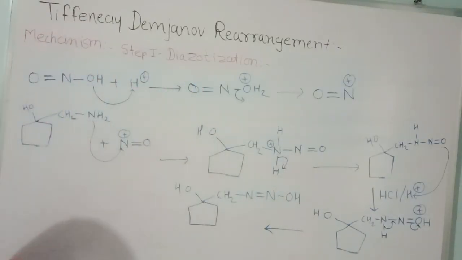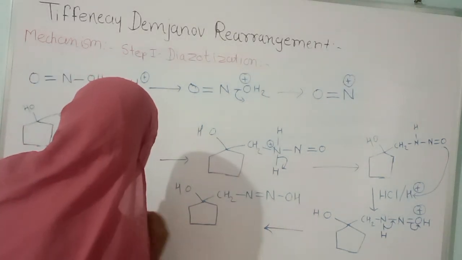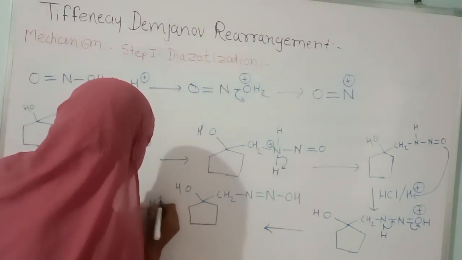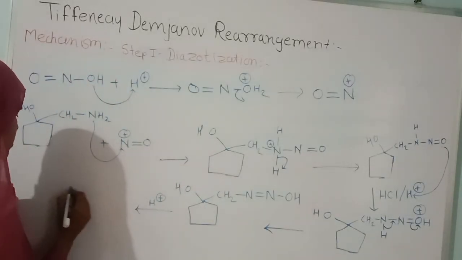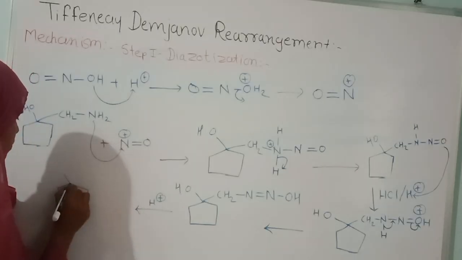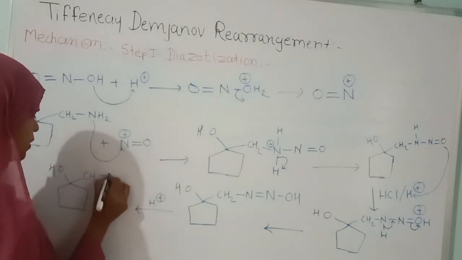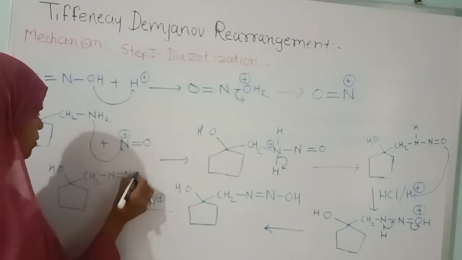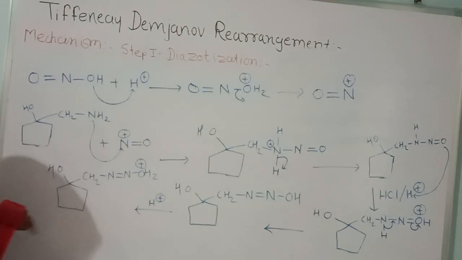Then again in acidic condition, it picks up the proton and converts this hydroxy group into a good leaving group. Then we get CH2 NOH2, which is a good leaving group. This water molecule will be removed.